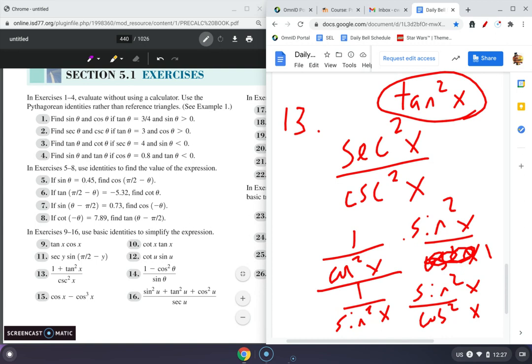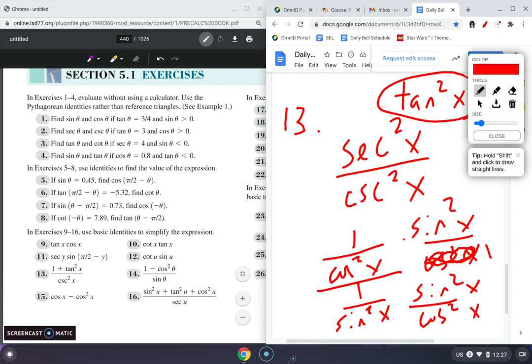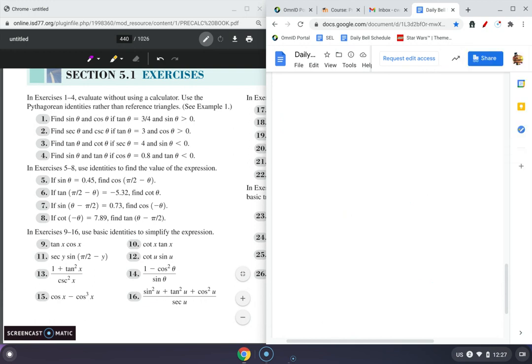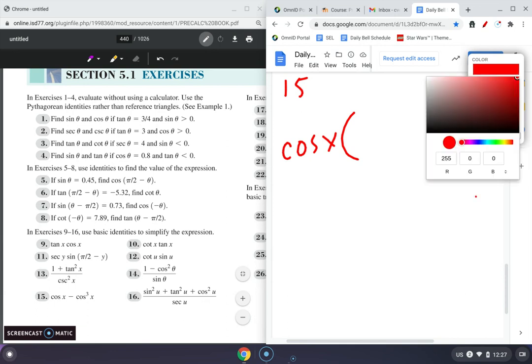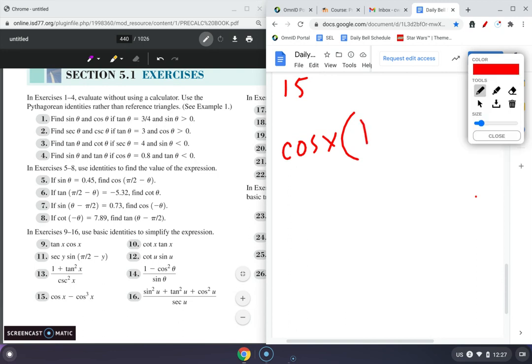All right, let's try another one. Let's try number 15. Here we go, 15. All right, I can pull a cosine out of both of those. And when I do that, I get 1 minus cosine squared x. Okay.